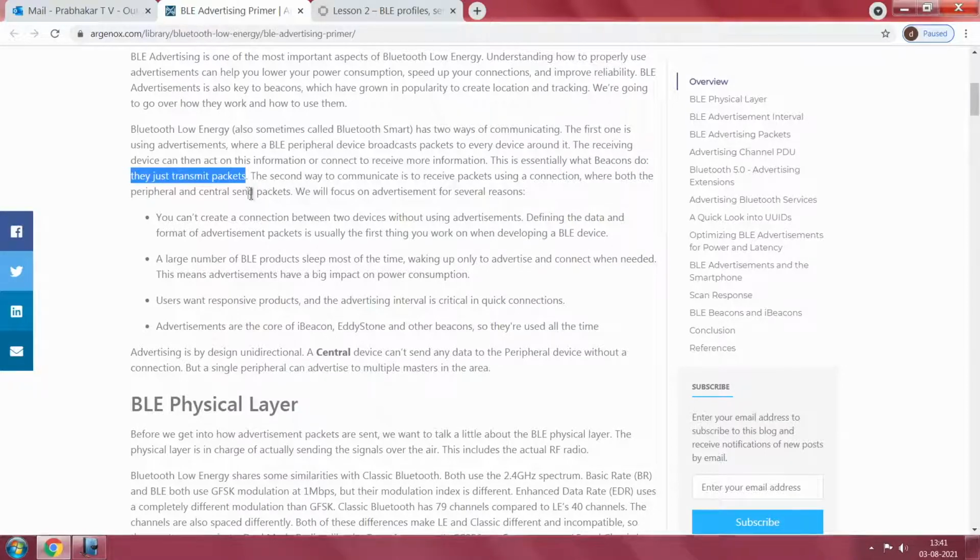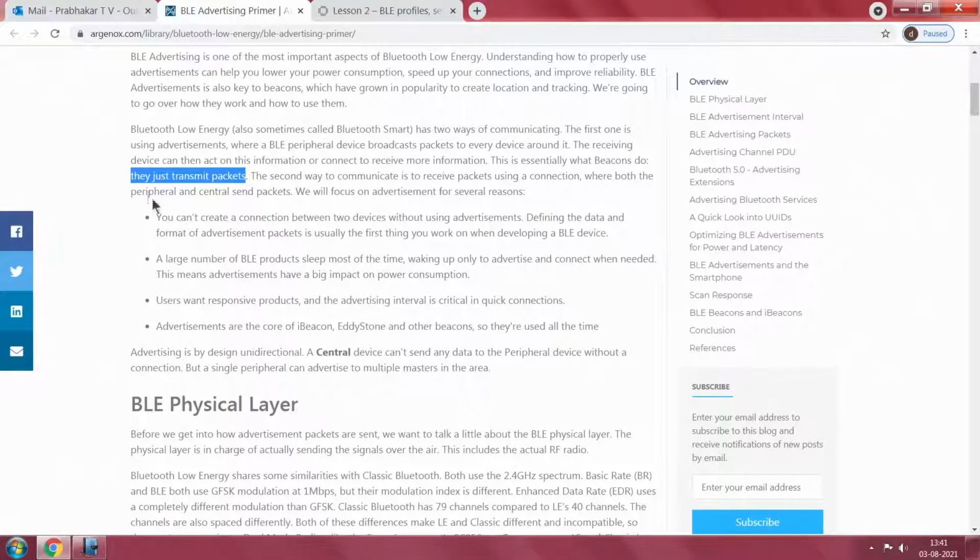In fact, they are systems which are in the pure sense simplex, okay. They are simplex by nature, there is no way by which you can actually get them to do even half duplex. So, that is essentially what it means, it just transmits packets, and there can be typically those peripheral systems, and they simply keep sending out beacon packets at regular intervals.